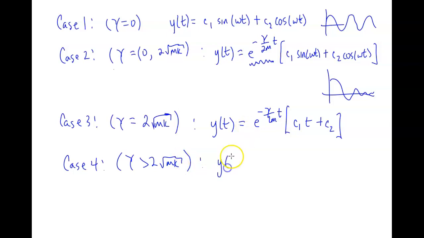In this case, what we end up with is something that's purely exponential, and that is going to look like this. I'm assuming in this case, in the way that I'm writing it, that my r1 and r2 are going to be greater than 0.